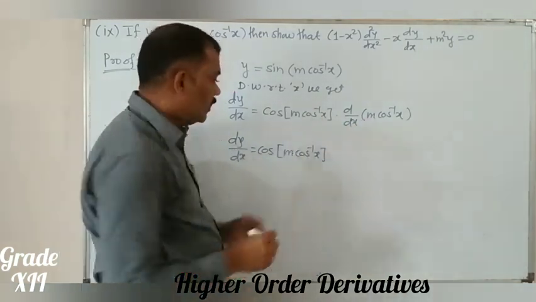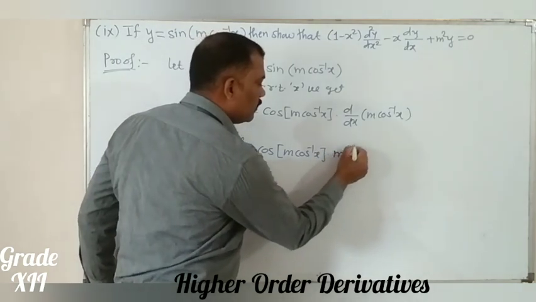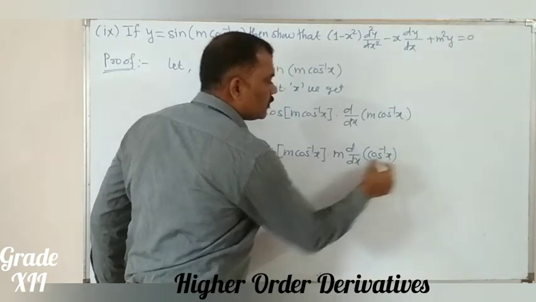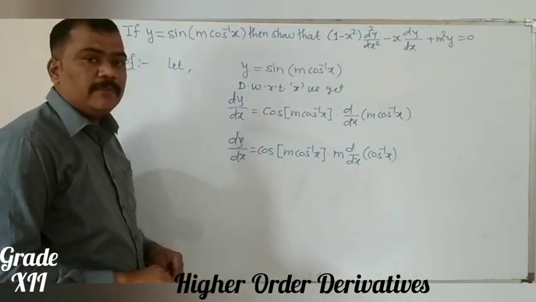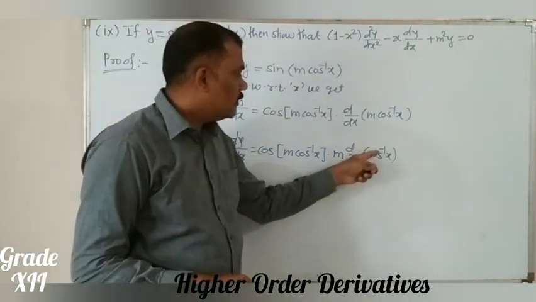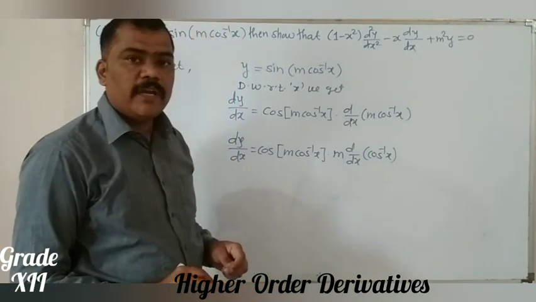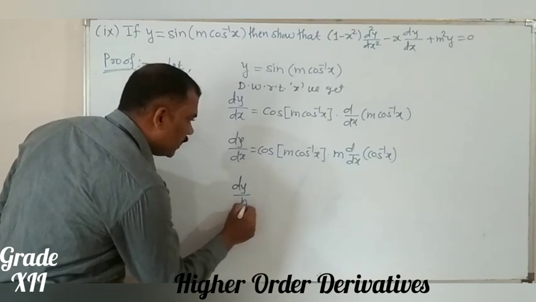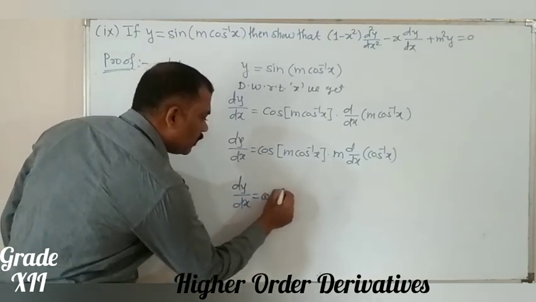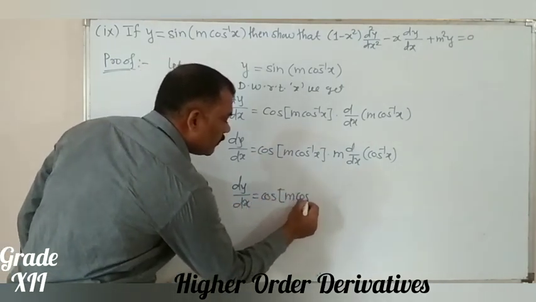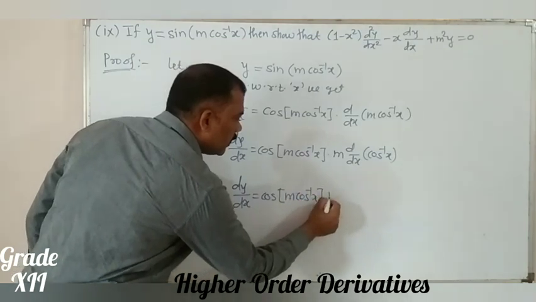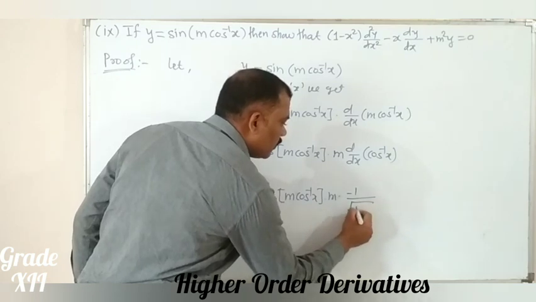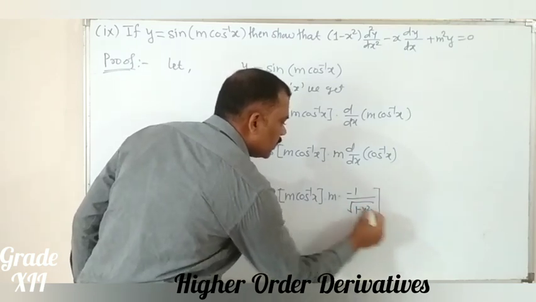here m is a constant, so we take it outside, m into d dx of cos inverse of x. What is the differentiation of cos inverse of x? Minus 1 upon under square root of 1 minus x square, so dy by dx is equal to cos of m cos inverse x into m into minus 1 upon under square root of 1 minus x square.